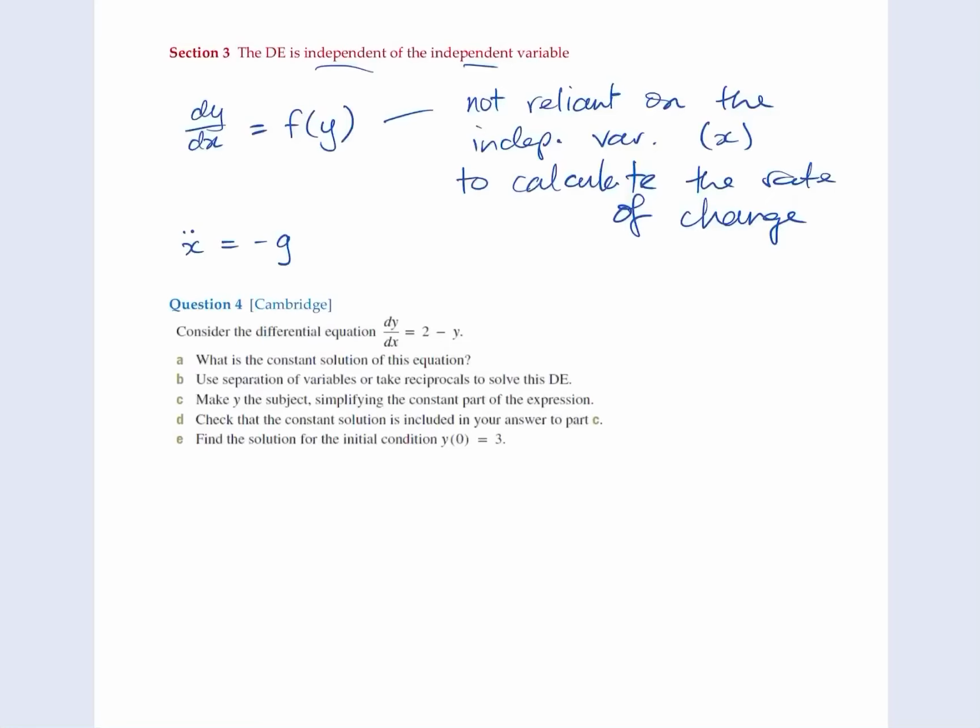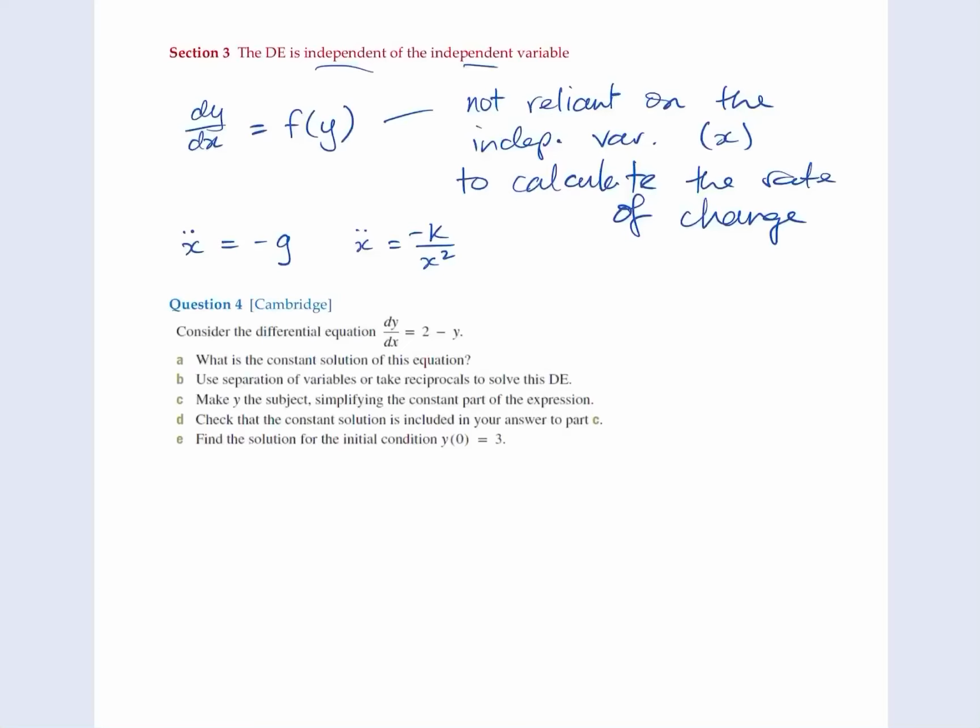That's independent of time, or the acceleration is negative k on x squared. The further you get from something, the weaker the gravity or the weaker the magnetism. But it doesn't matter what the clock on the wall says. It only matters where you are with respect to the magnet. So in physics, you tend to get differential equations like the ones we've done today because the independent variable time plays no part in them.